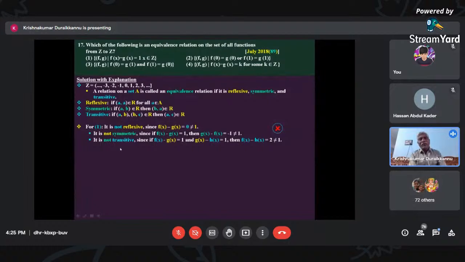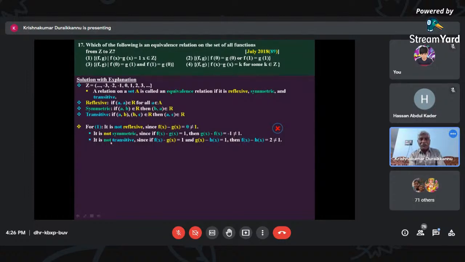However, I want to explain why we say it is not symmetric. If f of x minus g of x is 1, then symmetric would need g of x minus f of x to equal 1. But when we subtract f of x from g of x, it goes to be minus 1, so that is not equal.